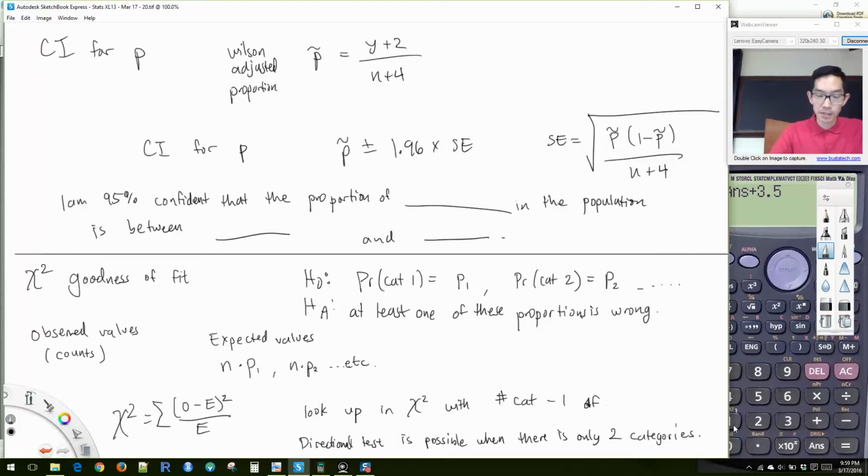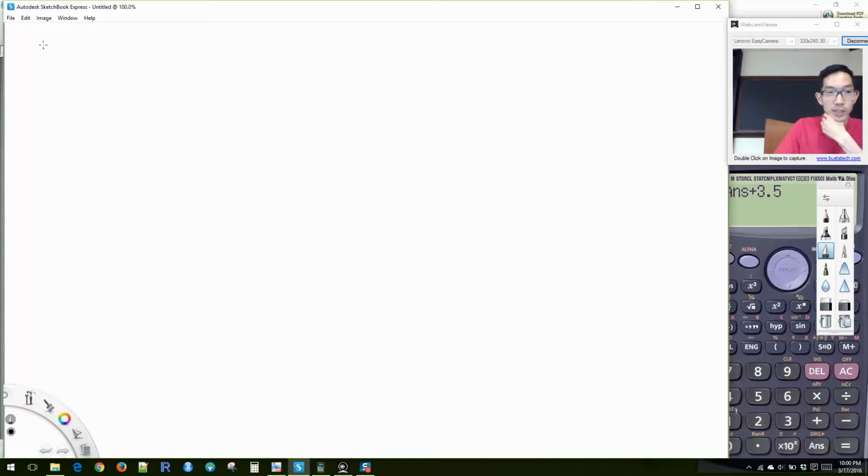Okay. All right, and then lastly we have the chi-squared test for independence. Your null hypothesis here would be what? That they're independent, okay? Variable 1 and variable 2 are independent. How do we express that symbolically?